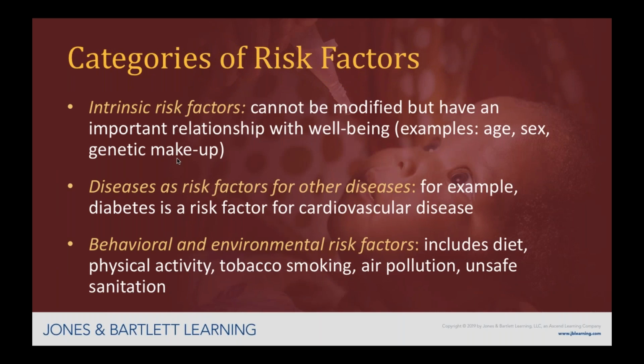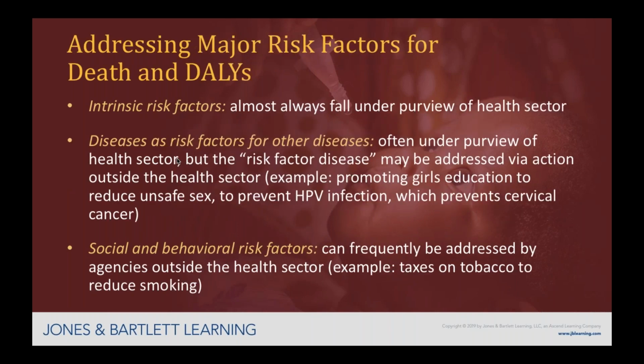As we think about, and we help our students think about risk factors, there are a number of ways in which people can categorize them. One might be to think about intrinsic risk factors, another, diseases as risk factors for other diseases, and a third, behavioral and environmental risk factors. And when we move to the next slide, we try to relate this to the extent to which intersectoral approaches are necessary.